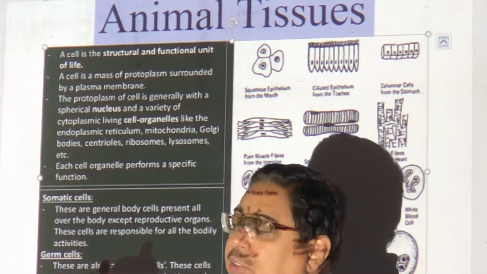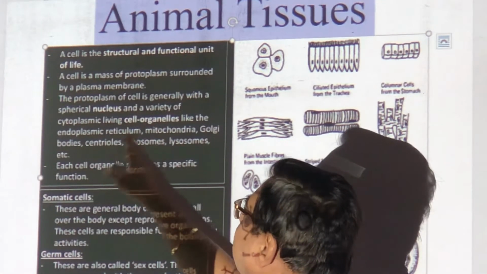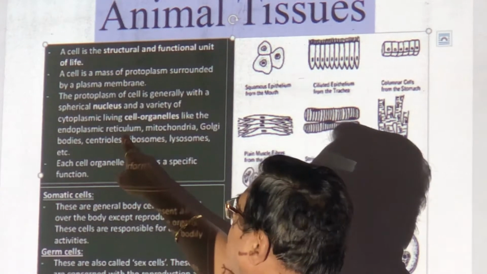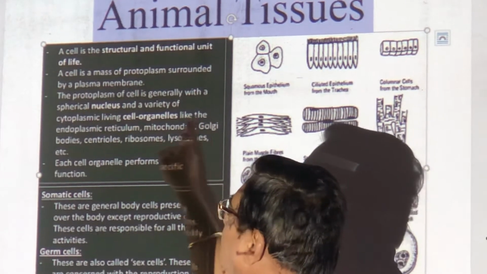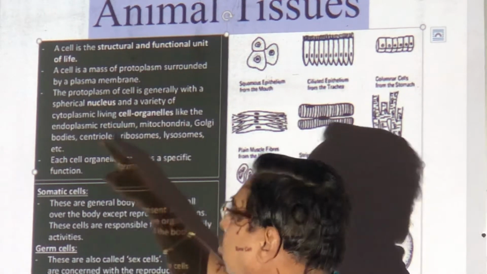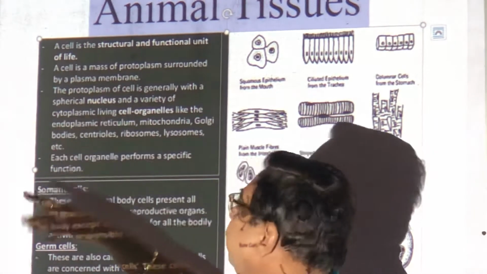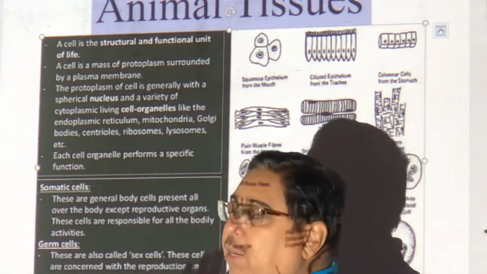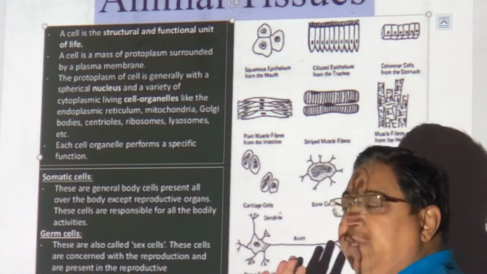Mitochondria, Golgi are those. So we have given examples. All these are also there: endoplasmic reticulum, mitochondria, Golgi bodies, centrioles, lysosome, etc. Many more. Each organelle does a particular job. There is division of labor inside a cell.